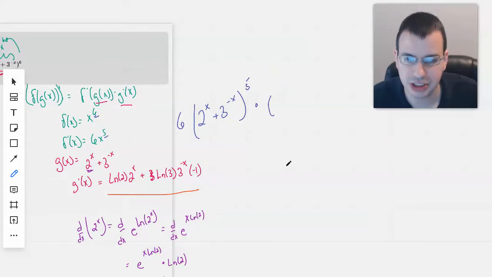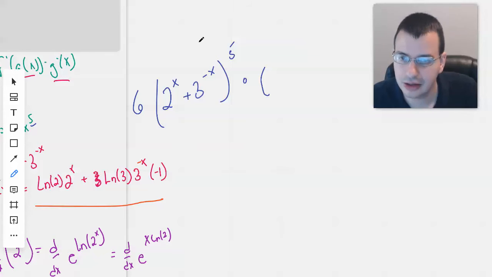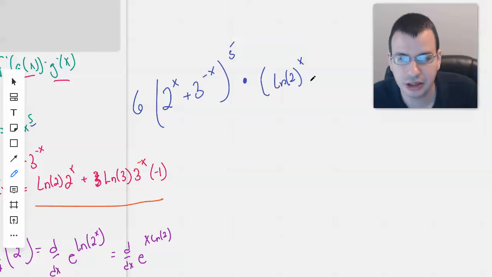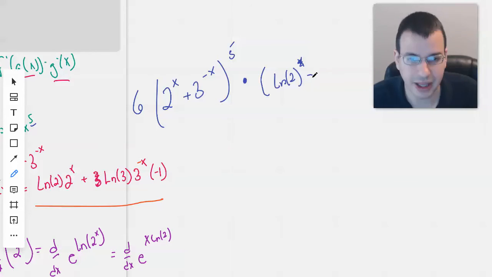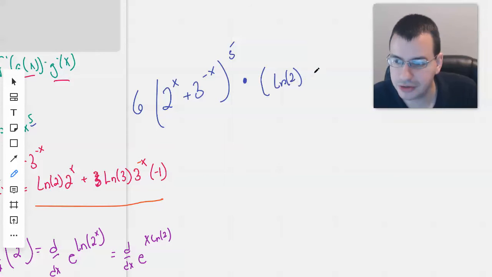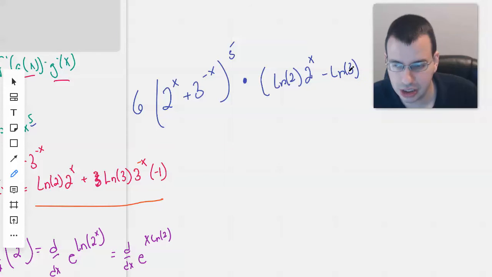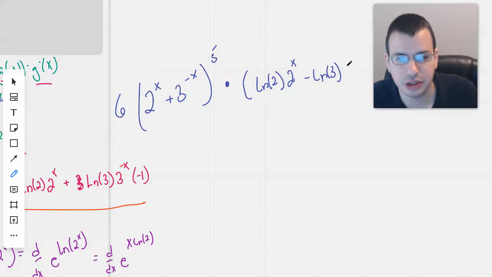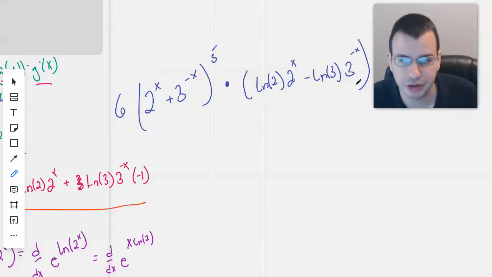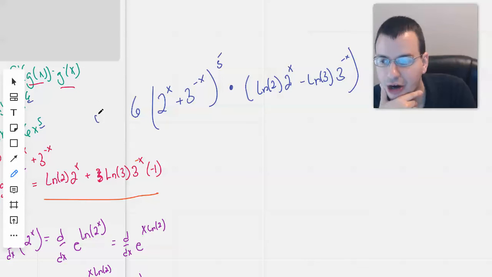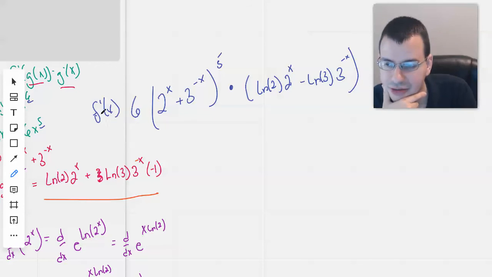Give myself a little more real estate here. Zoom in slightly. Natural log of 2 times 2 to the x minus natural log of 3 times 3 to the negative x, parentheses. Okay, and this would be our f prime of x.